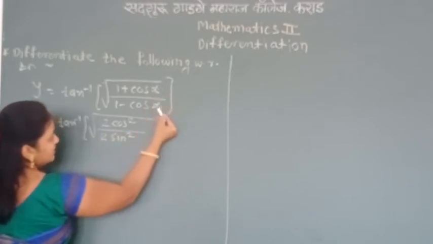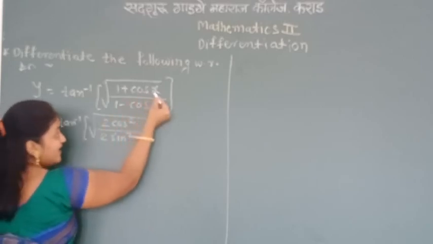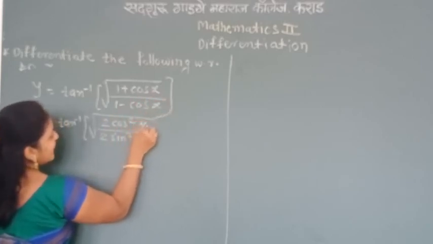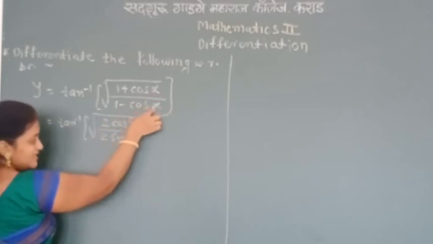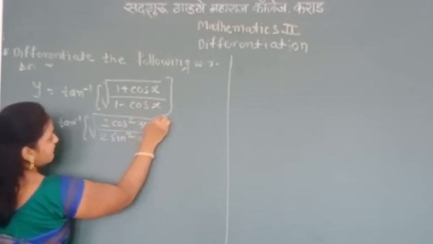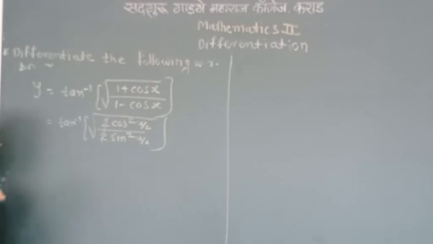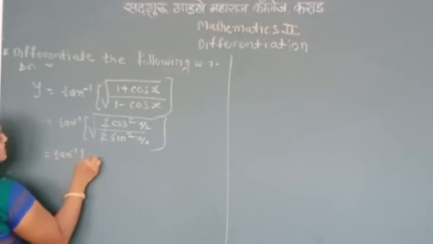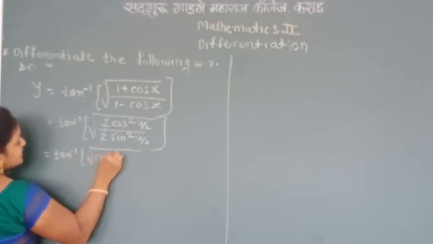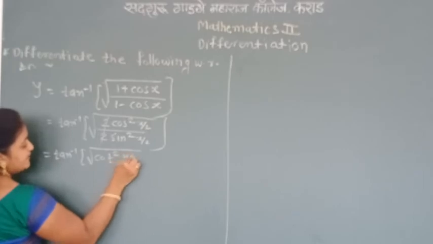Whatever the angle, we take half the angle. Here the angle is x, so we take x by 2. Here the angle is again x, so again half the angle. Now the 2 cancels. Cos square upon sin square we convert into cot square. So tan inverse of the square root of cot square x by 2.